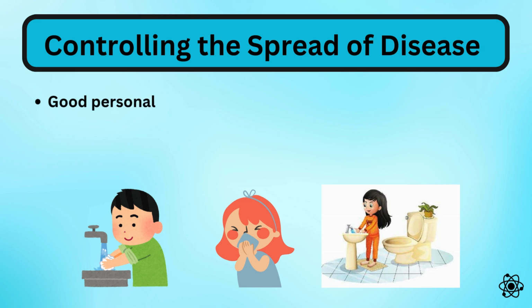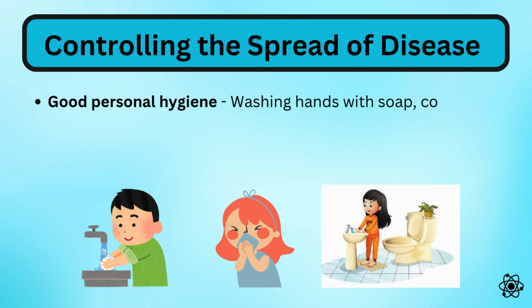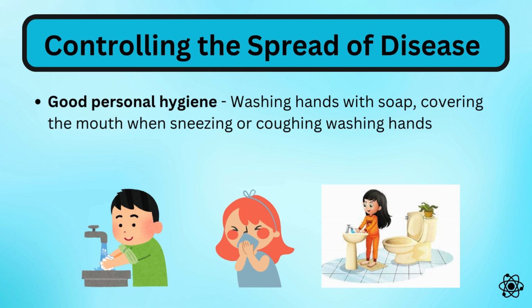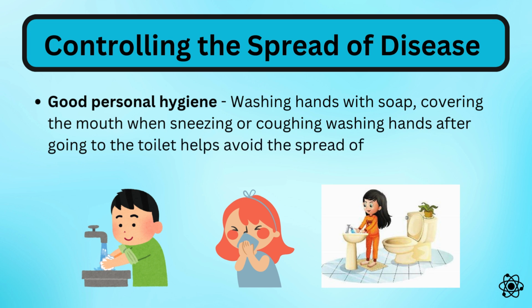Good personal hygiene. Washing hands with soap, covering the mouth when sneezing or coughing, and washing hands after going to the toilet are good personal hygiene practices to follow and help avoid the spread of disease.